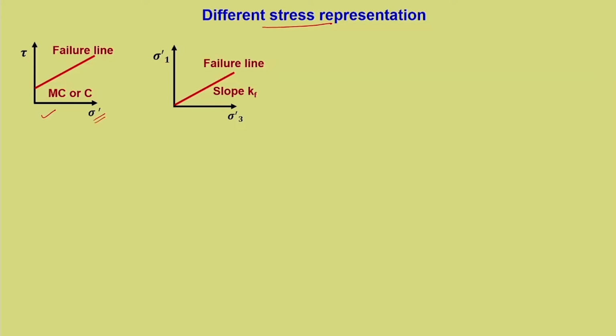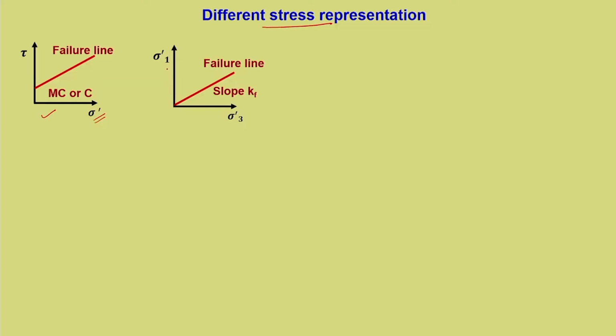Another way of stress representation is major principal stress versus minor principal stress, and we will get a line here. That is the failure line within which the soil remains; the possible stress states of the soil remain within it.